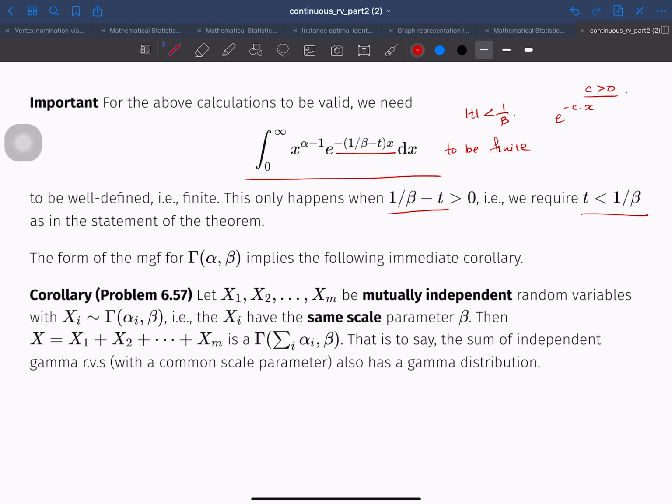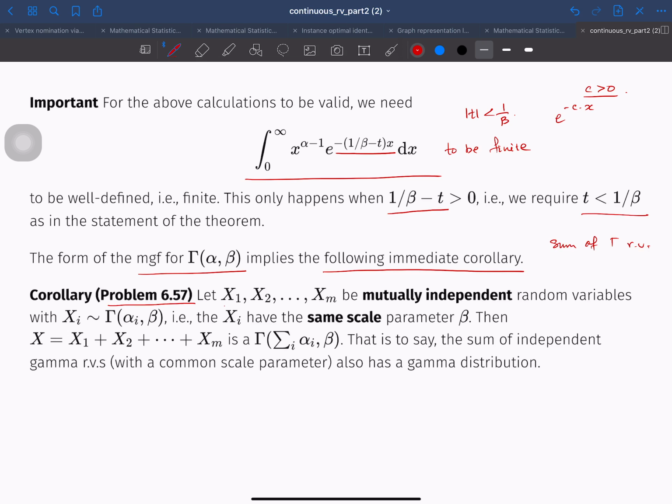So the nice thing about this form of the MGF for the gamma(alpha, beta) is that it implies the following immediate corollary for a sum of gamma random variables. So this is problem 6.57 in your textbook.